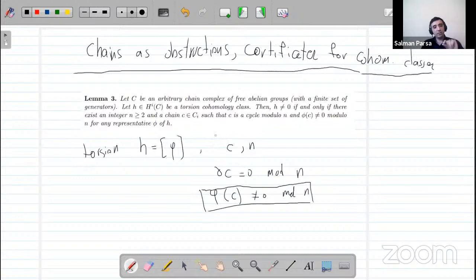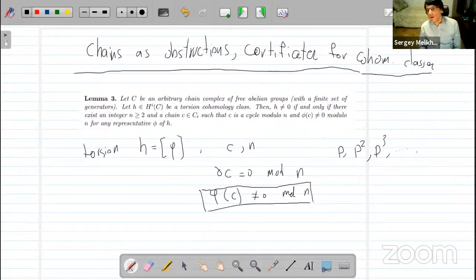And for other cohomology classes, you can keep computing the cohomology with powers of P, with coefficients modulo P^2 and modulo P^3, and so on. Eventually your cohomology class will be non-zero for some power.